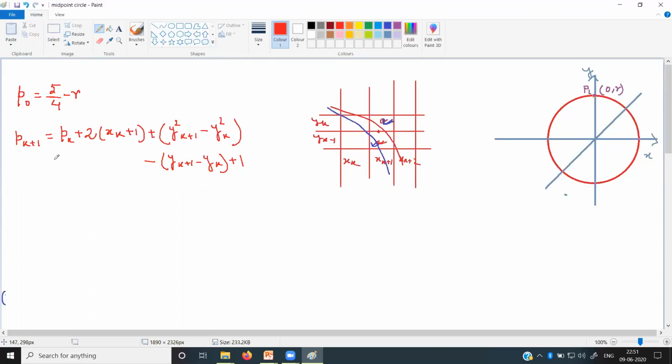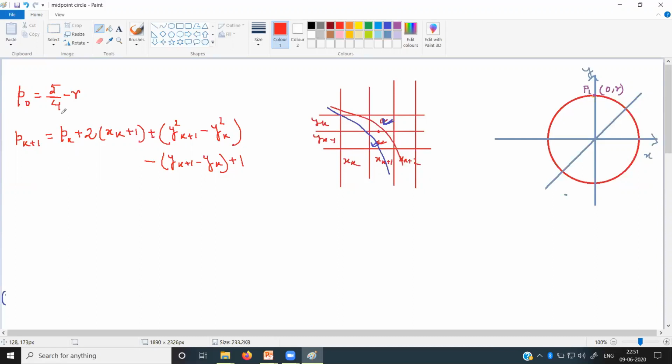Now remember one thing. This pk is the decision parameter for the kth iteration. So being at the kth iteration, we will find out the decision parameter for the next iteration.